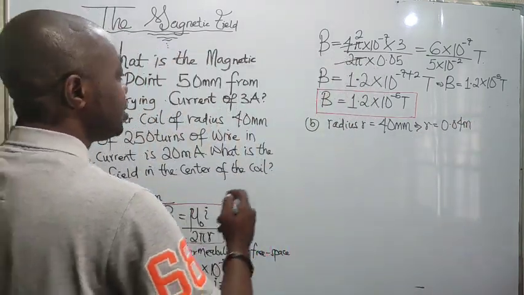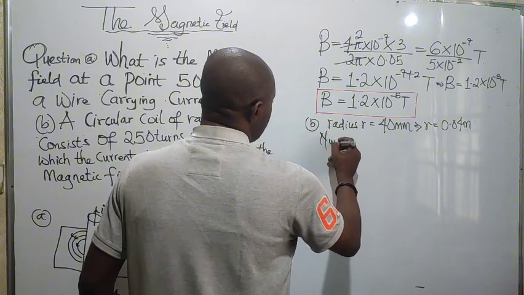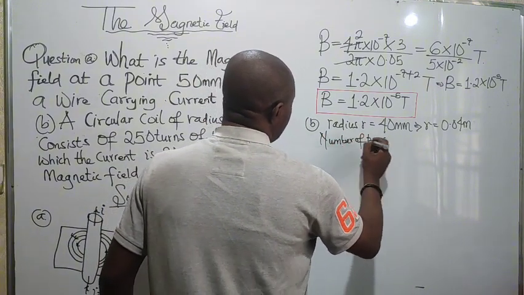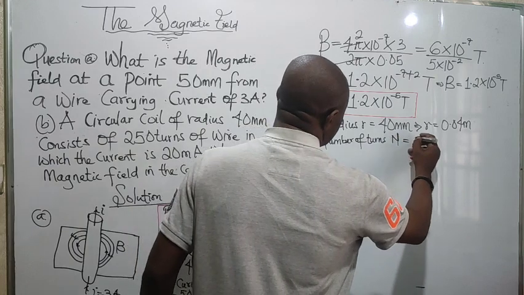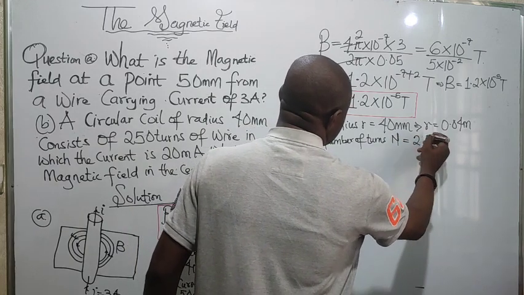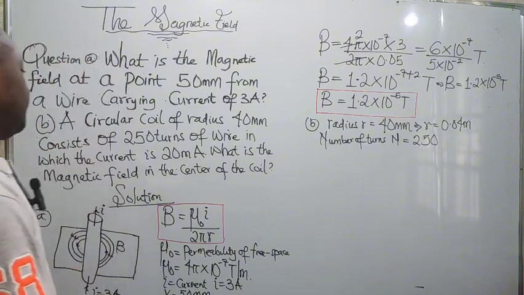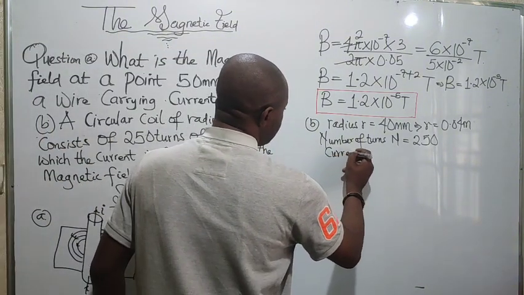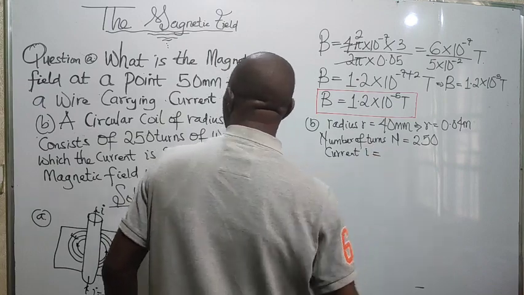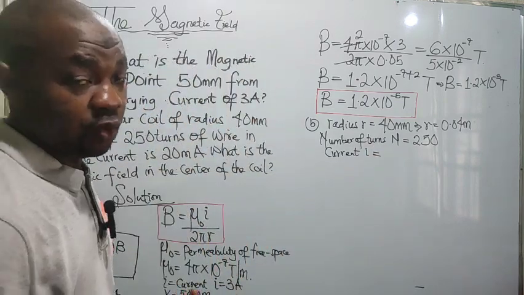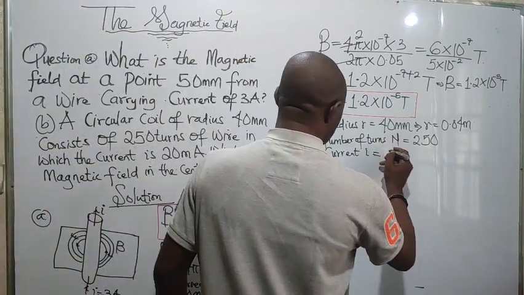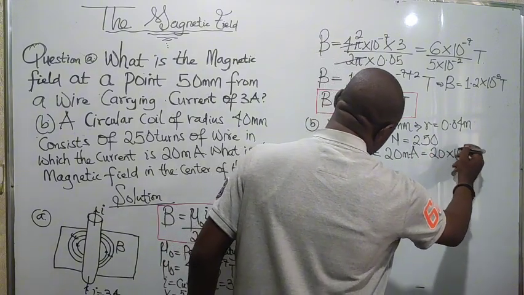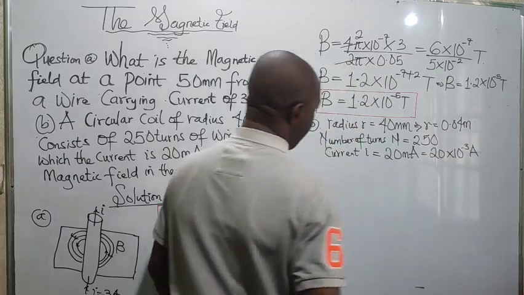Then we are also given the number of turns, N, that will be 250. We are also given the current entering the conductor, which is the circular coil, 20 milliamperes, and that will be 20 times 10 raised to the power of negative 3 amperes.